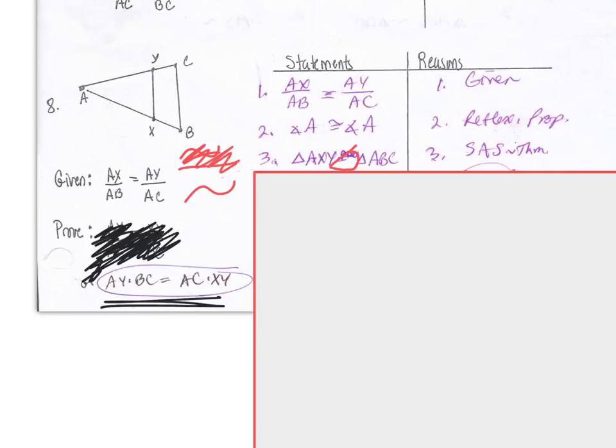So I'm going to propose that I could make a proportion by, let's see, if I take AY, that matches up with, so I just used AY. I'm just trying to figure out what I've used here. That matches up with AC in my larger triangle. Those would be corresponding sides.